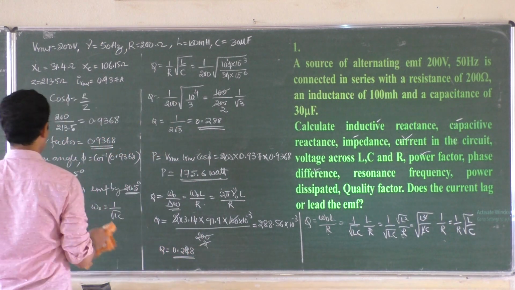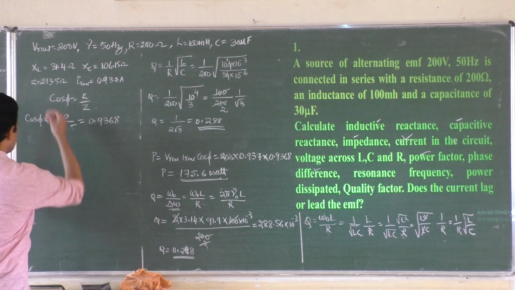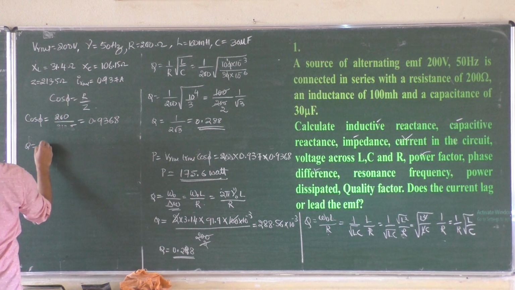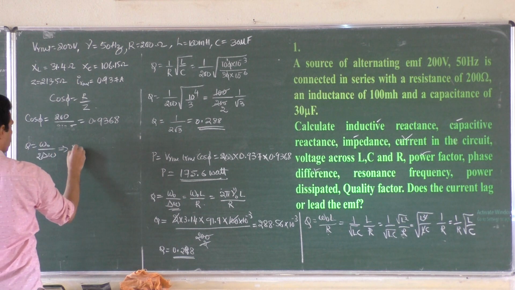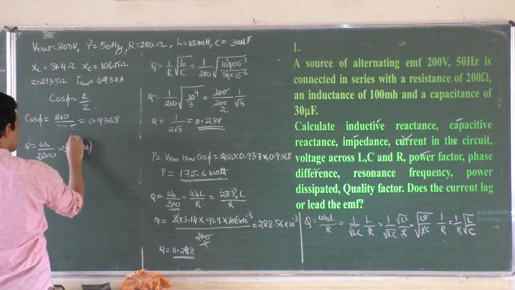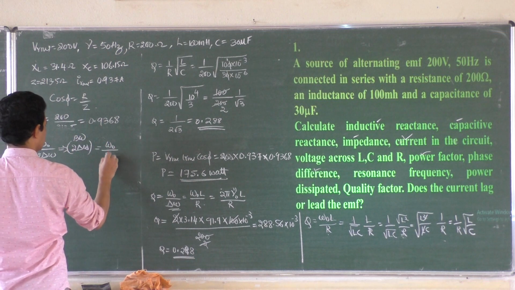We have to go for the original formula once again. Resonant frequency by bandwidth is the quality factor: omega naught by 2 delta omega. So 2 delta omega itself is the bandwidth, remember, and it is equal to omega naught by quality factor.